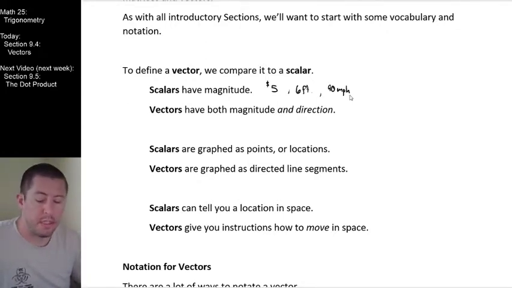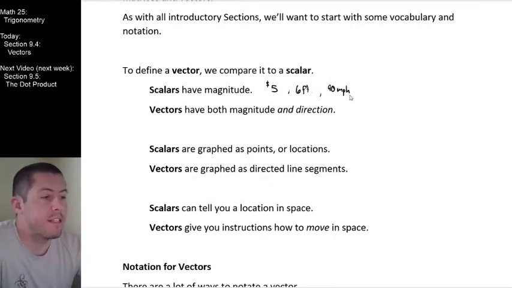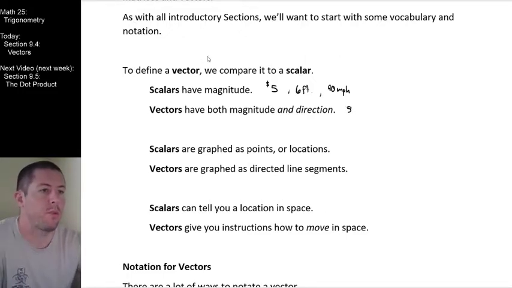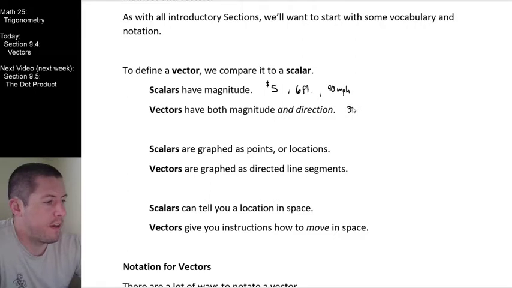The difference between a scalar and a vector is that a vector also has a direction that is indicated in association with the amount. In this case, we might say something like 300 miles northwest. That's got a direction that is directly tied to the quantity that we're interested in, right? 300 miles northwest.